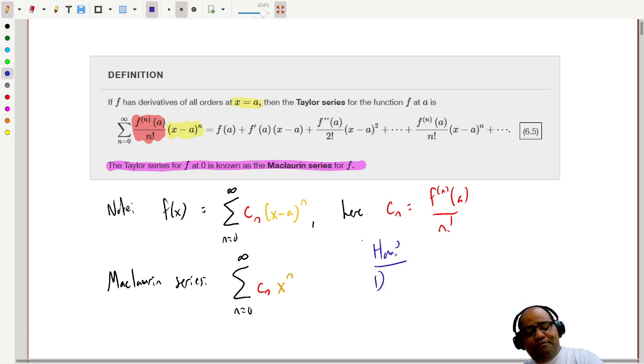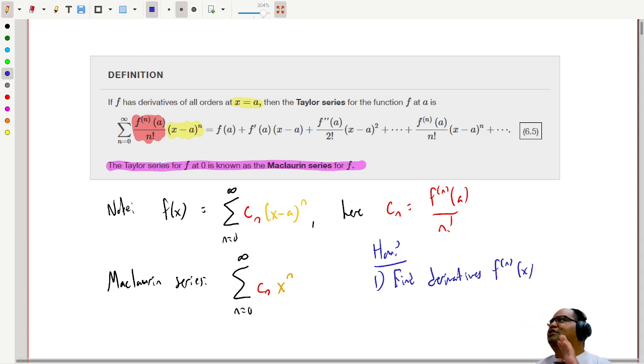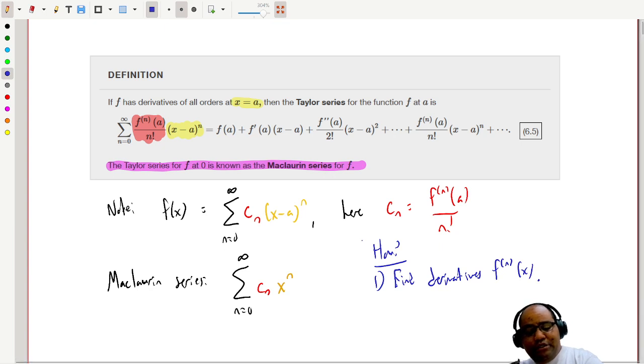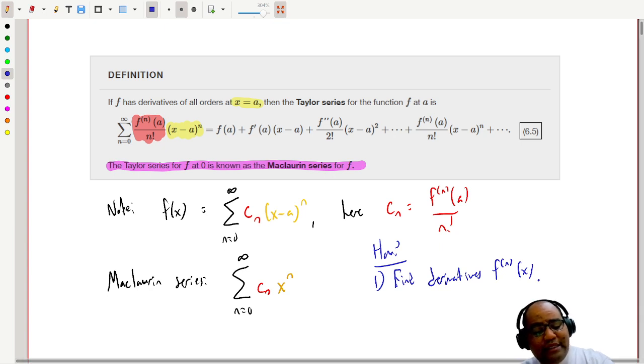So we compute the derivatives. And by the way, in case you're not familiar, whenever we have that superscript of n in parentheses, that's just saying the nth derivative, because writing, say, 12 primes gets a little messy.